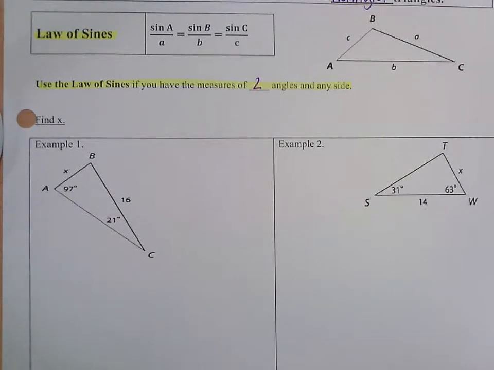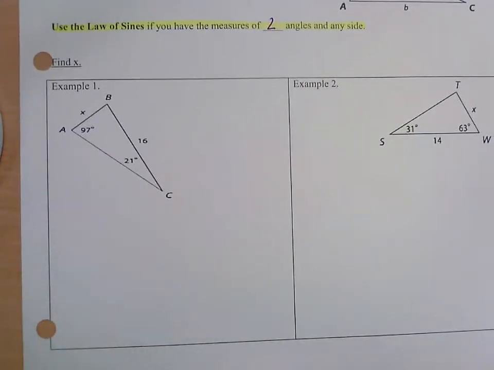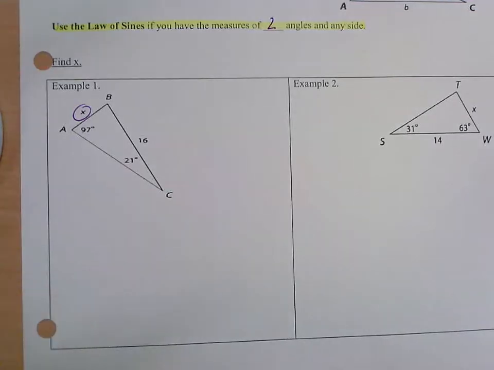We may not go through all of these because there's a lot of examples on here, but if we look at example 1, here we're just trying to find the side that is missing but also labeled. We're trying to find x in this case. Here's what you need in order for law of sines to work.